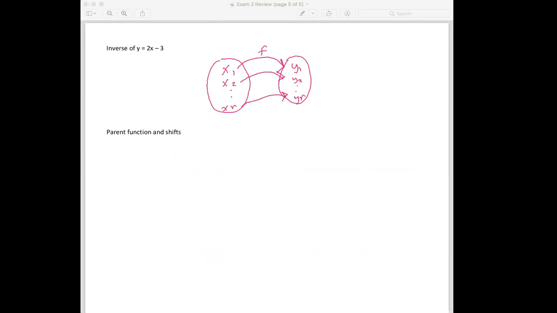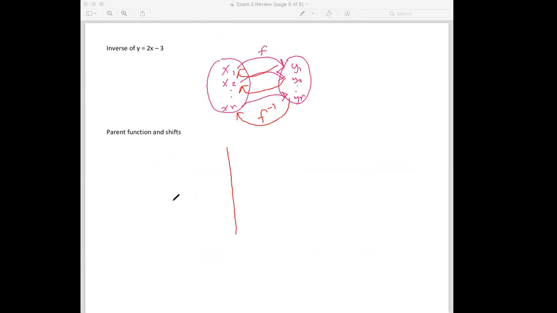Okay, what we're doing with the inverse is we're just saying, well, f inverse is going to do the opposite. It's going to go the other way. Yeah, Damien, it is a reflection over the line y equals x because the domains and the ranges are shifted.